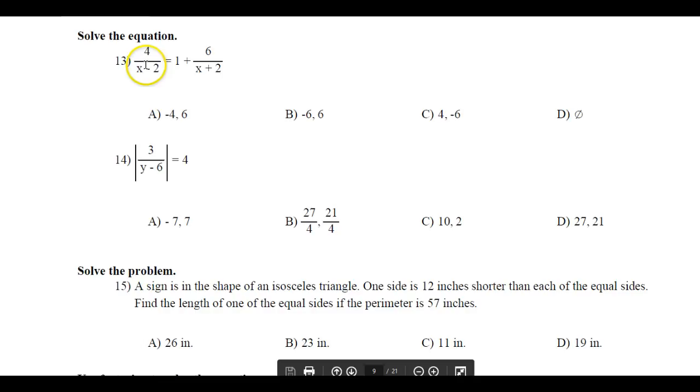Now here we have a rational equation in which there are fractions. And the rule is, if you want to start it before I do, multiply each term, this is one term, this is one term, and this is one term, by your least common denominator, which are these two, which is x squared minus 4.